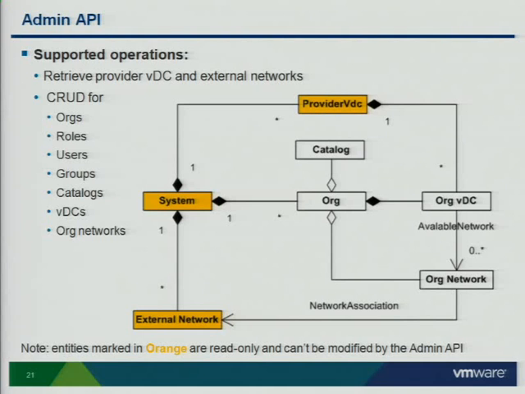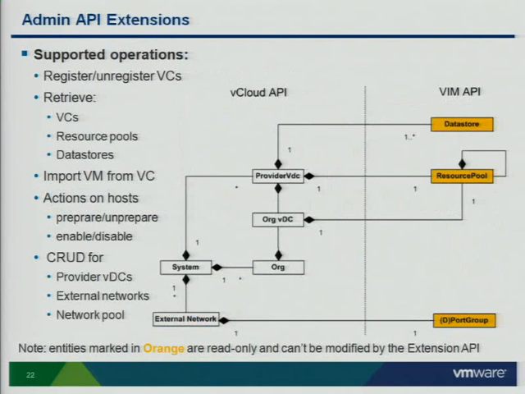Usually external networks and provider VDC are bound to physical resources, meaning that these things are implementation specific. That's why we have the admin API extension, which is basically the VMware-specific implementation for administrating vCloud Director.